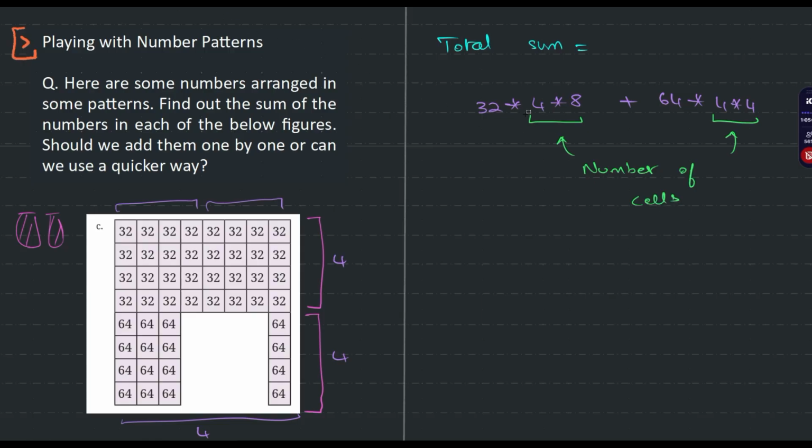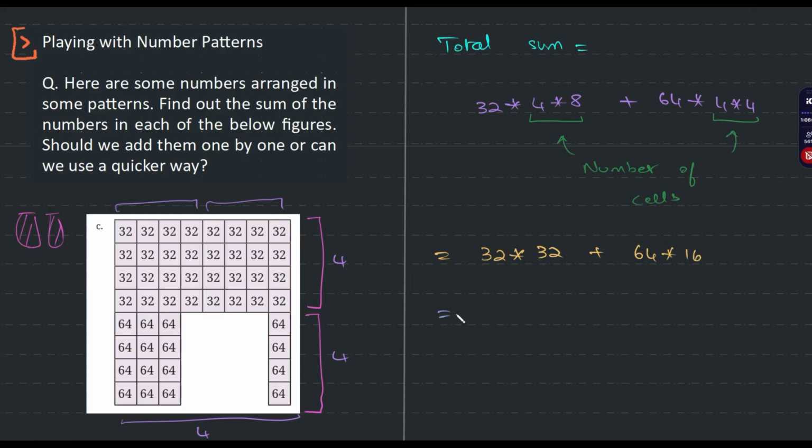Okay, again, all of this is for our understanding. This you guys need not write in your exams. Now, let's do the math. 32 into 32 plus 64 into 16.